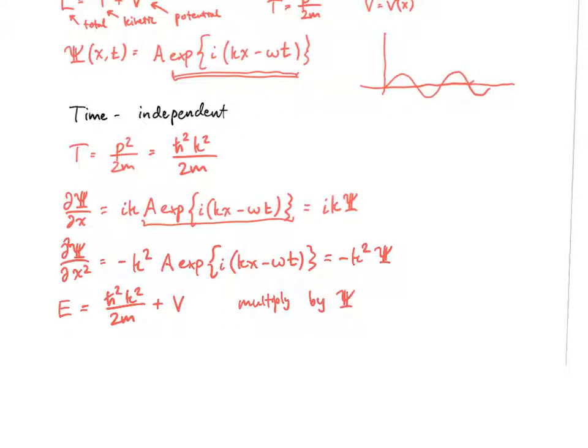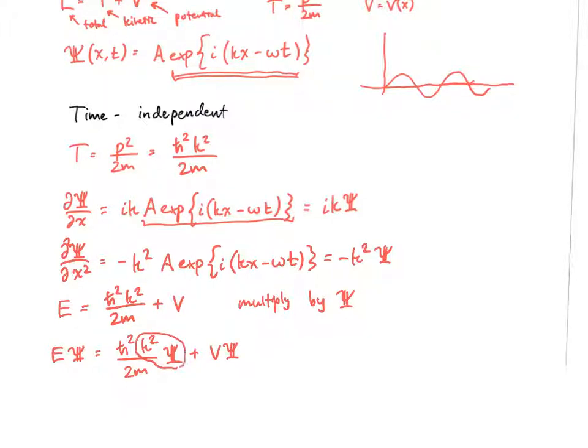And then what we get is that E psi equals h bar squared k squared over 2m psi plus V psi.